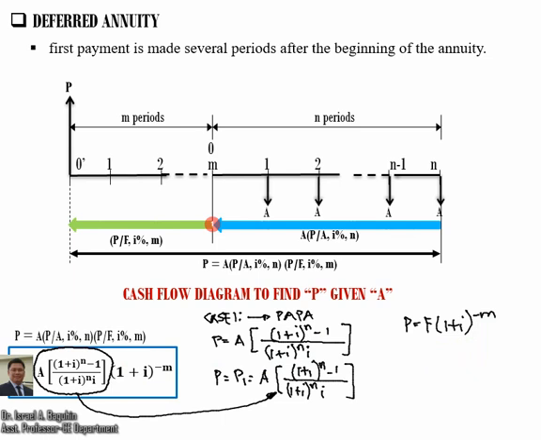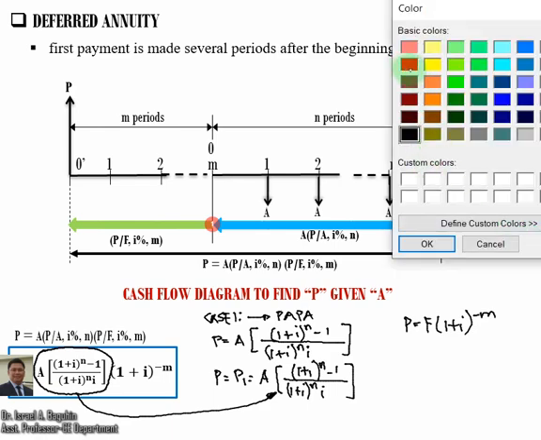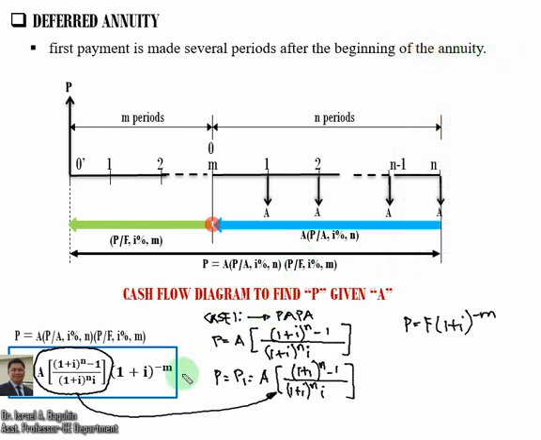From this formula, we have this relation, which is equal to this (1 + i)^-m here.